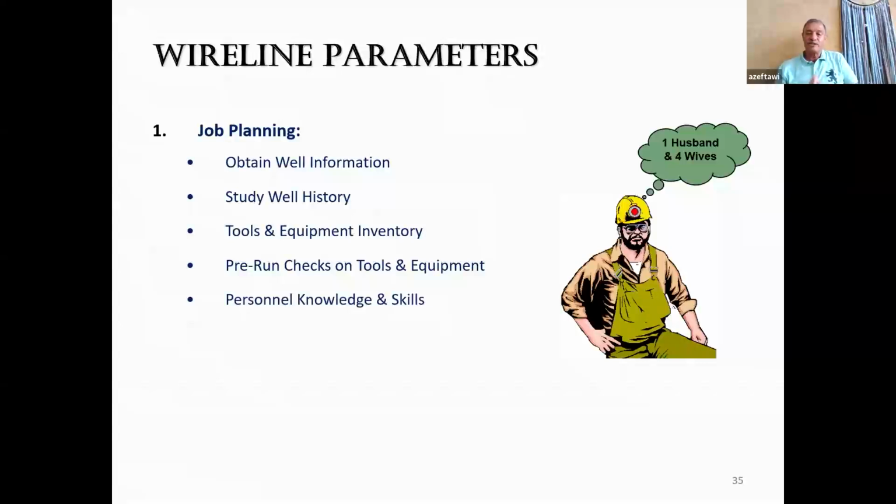The personal knowledge and the skills. I remember the words of my supervisor when we went for a job, 25 years ago or more: Ahmed, grab 2 hands and go. Grab 2 hands and go means just take any 2 people. The crew is 3. Ahmed, you know the job, so grab any 2, maybe one office boy, one storekeeper, and go. Nowadays, no way.